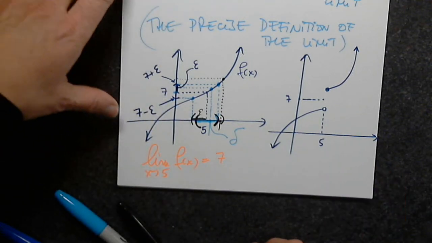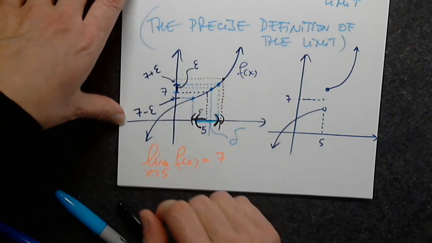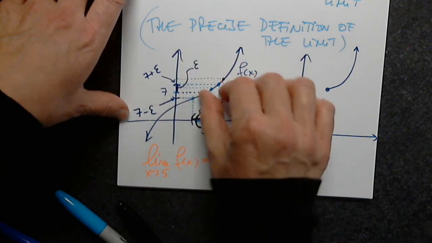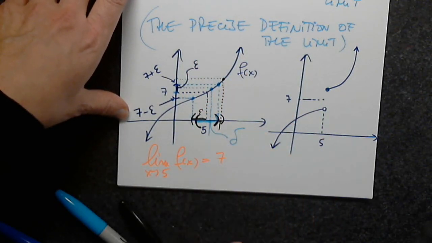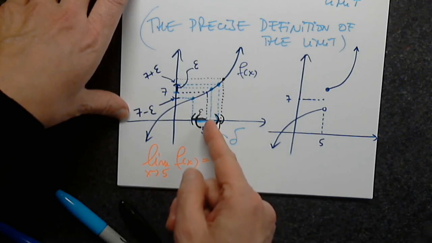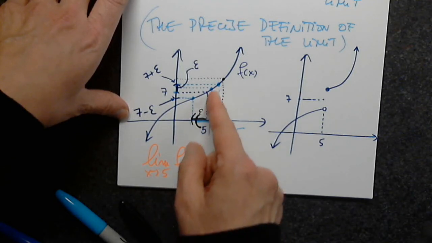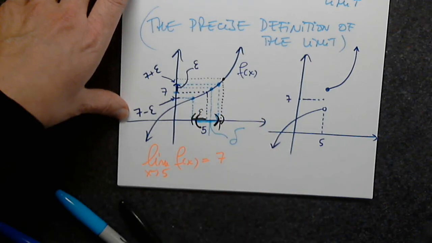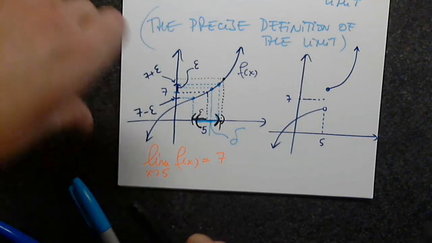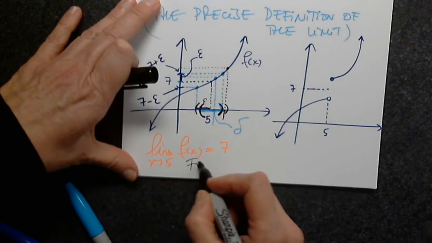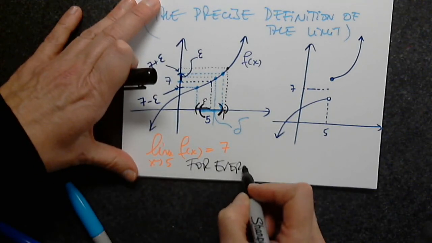You choose another epsilon, as small as you wanted it to be. You will always find the corresponding delta around 5, such that when you pick x inside this interval, f of x is guaranteed to fall within epsilon away from 7. Why is that true? Because the limit exists. So the key word here is for every epsilon. For every epsilon.